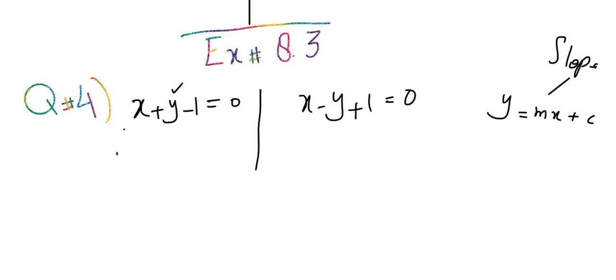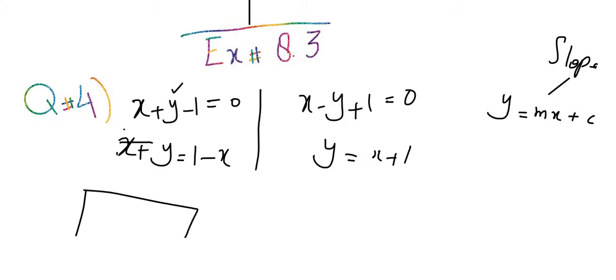Now here x plus y is equal to 1 minus x, and here y is equal to x plus 1. Now in the table we take different values of x and y.